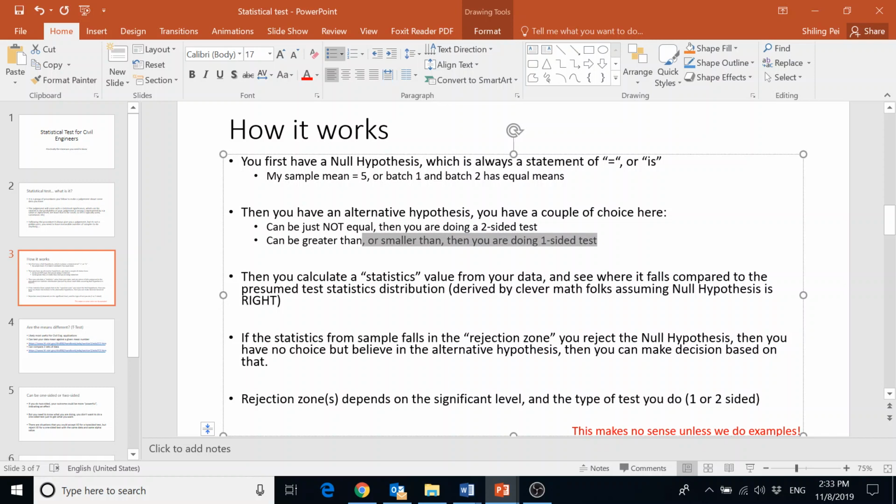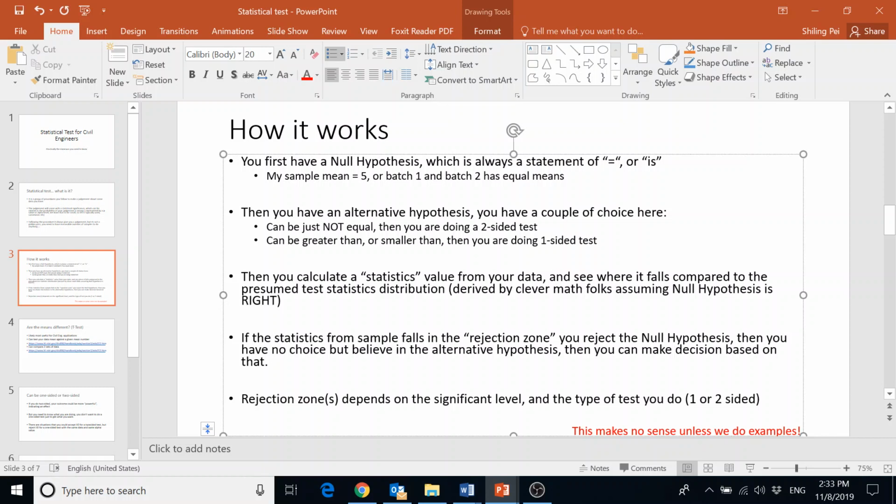So once you have defined your null hypothesis and alternative hypothesis, you can calculate a statistic value from your data. Say you have 3 data points or 10 data points, there will be a formula in whatever test you are doing that tells you how to calculate statistics from that data.